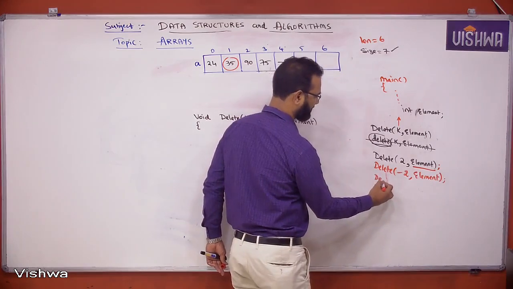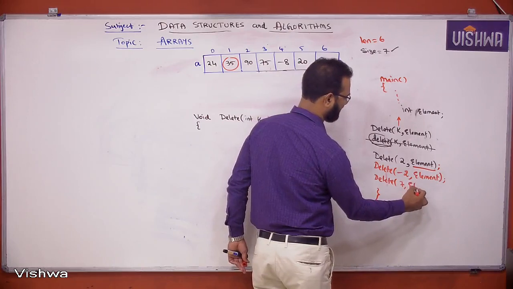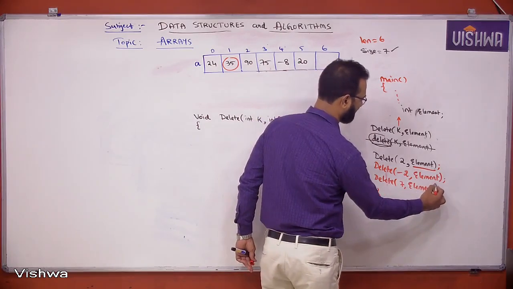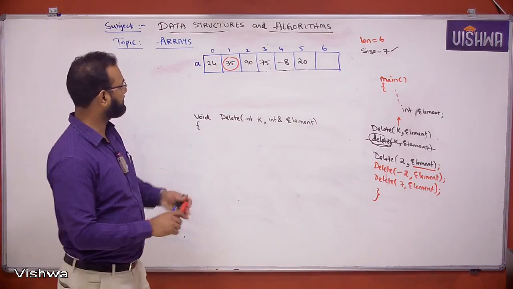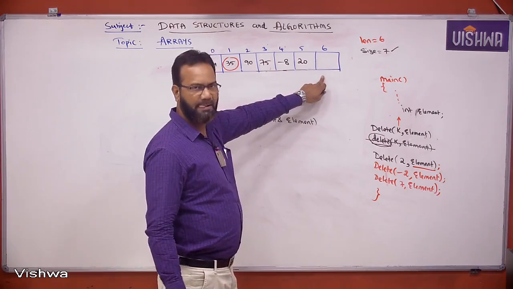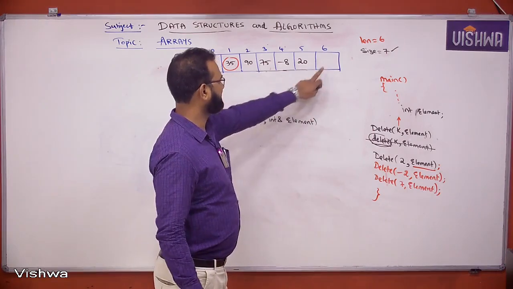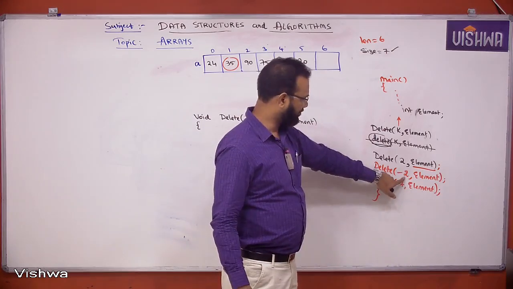No, not a valid position. Delete from 7 comma element. Again, there is no element currently available at 7th position, because there are 7 positions, memory locations are there, but 6 are occupied, 7th is vacant. This is again an invalid one. -2 is again an invalid one.